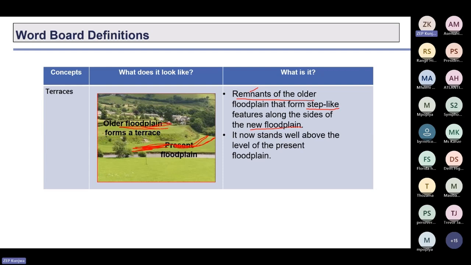Long time ago, the river used to flow there. And then now this is a step-like landform we're talking about here. Can you see the step there? That is your step. So that is a step-like feature. So that is your terrace.